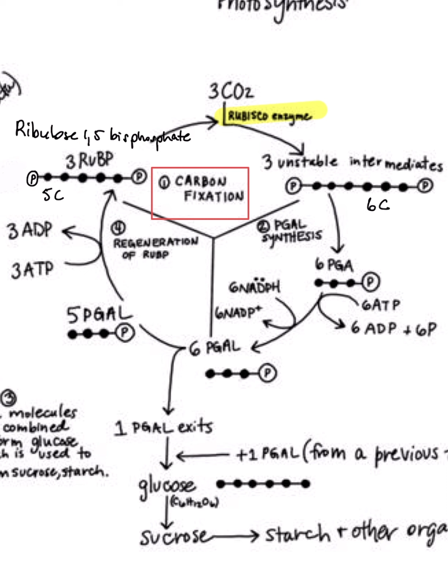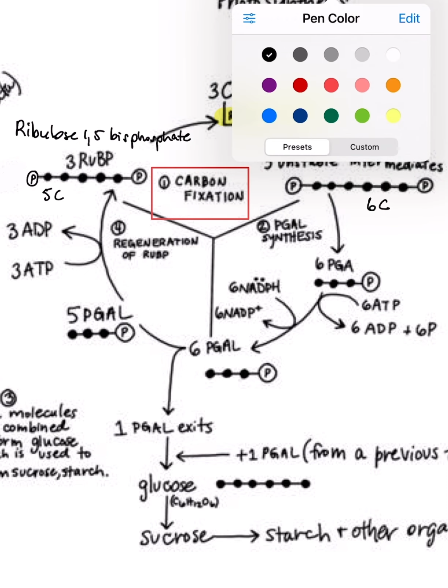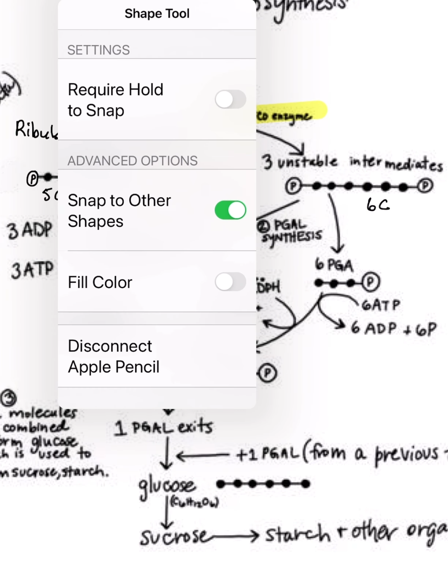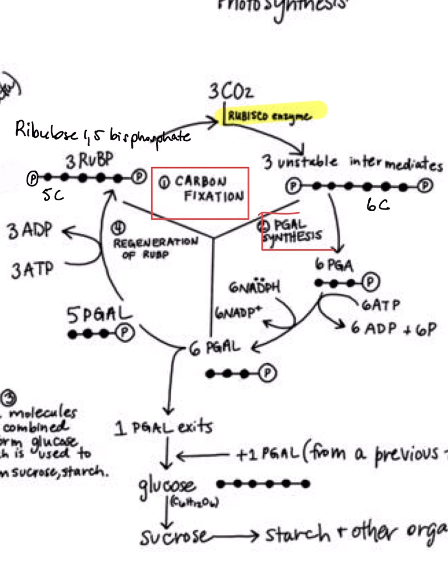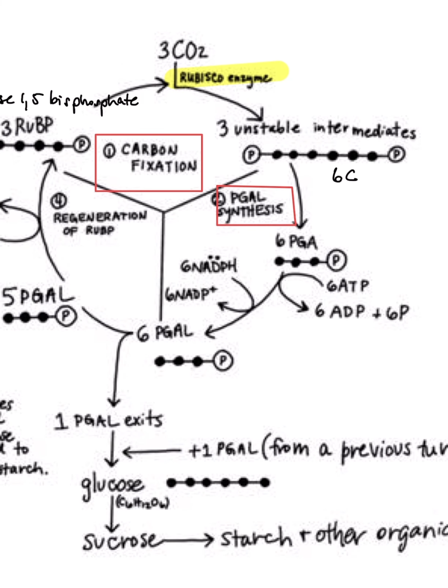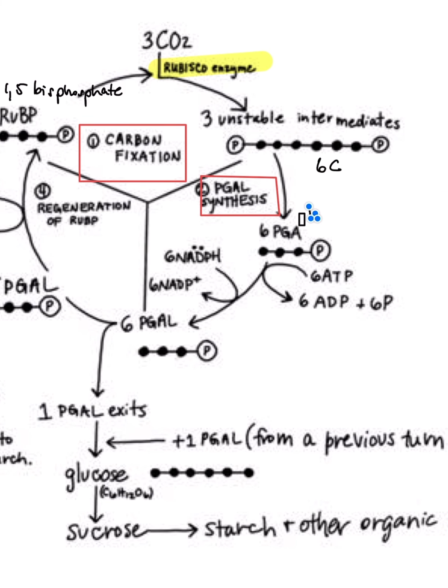So the following step will be our PGAL synthesis. And PGAL synthesis is going to start off by forming for us here some PGA molecules first, and then we're going to see the formation of PGAL. So PGA, these are phosphoglycerate molecules.